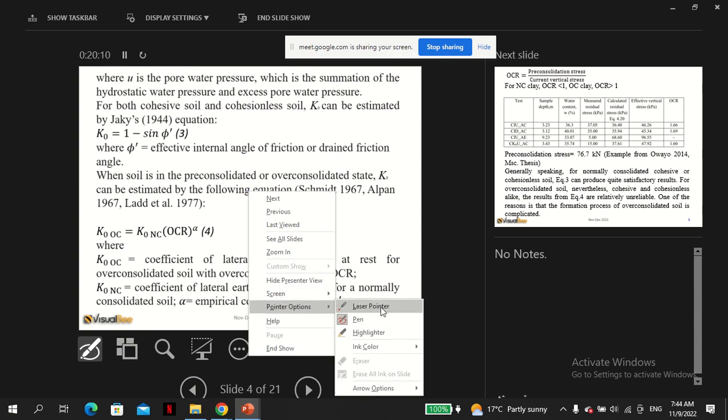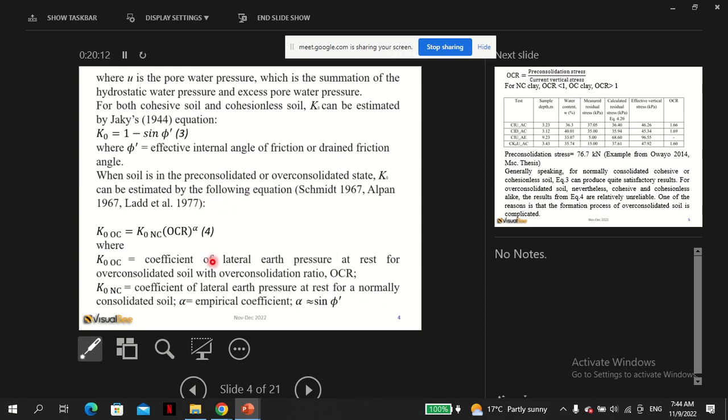This is why I was explaining the issue of normally consolidated and over consolidated. So this is for the over consolidated clay. This is for normally consolidated clay. We use this equation.